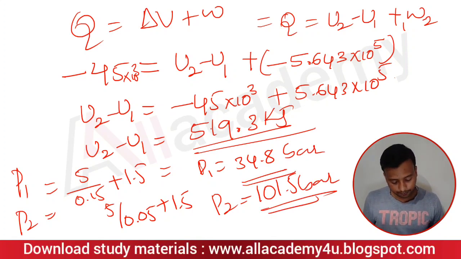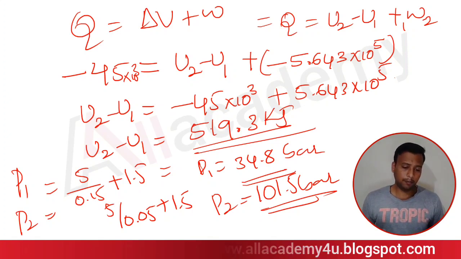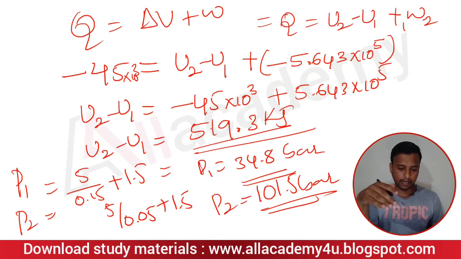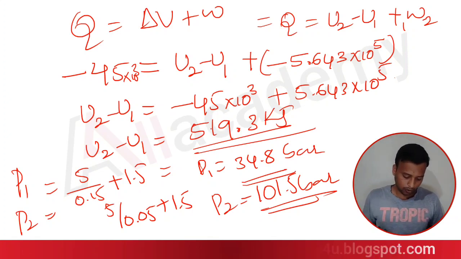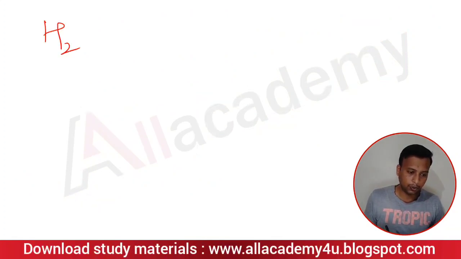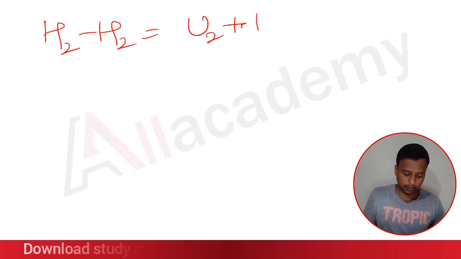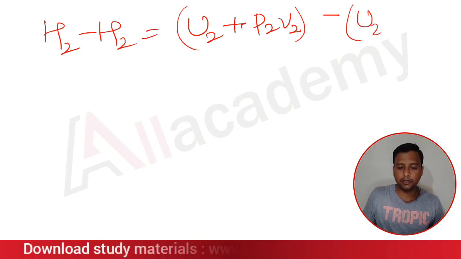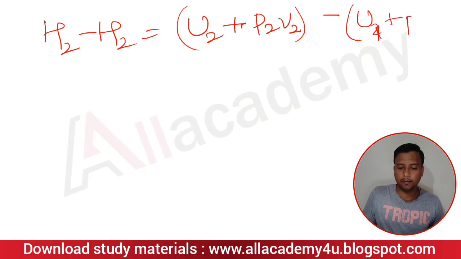Now we know that the P2 minus P1 work done can also be identified by using P1 and P2. But we know the enthalpy relation, that is given by H2 minus H1 equals U2 plus P2 V2 minus U1 minus P1 V1.